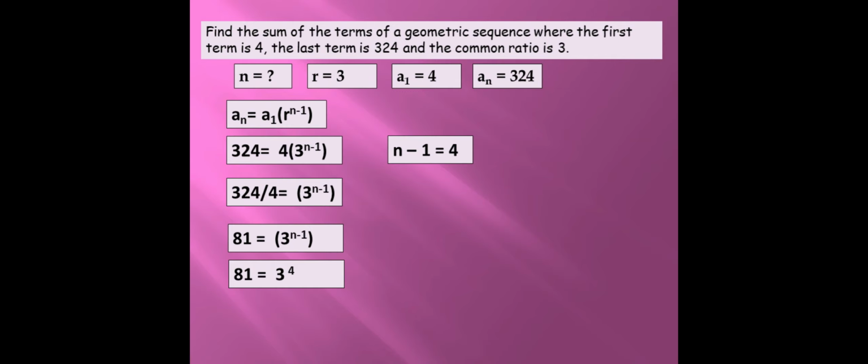Kita nyo? If 81 is 3 to the 4, so this n minus 1 is equal to 4, and n now is equal to 4 plus 1. So, n is 5. Okay? So, mayroon na tayong n equals to 5.